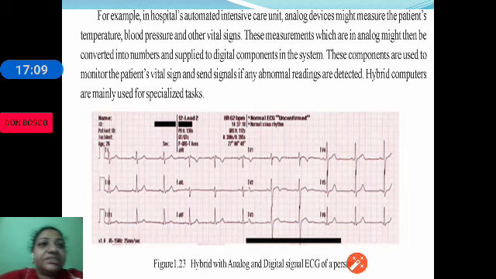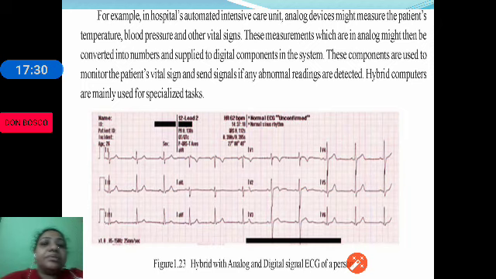These analog measurements might be converted into numbers and supplied to a digital computer system, and these components are used to monitor the patient's vital signs and send signals if any abnormal readings are detected.